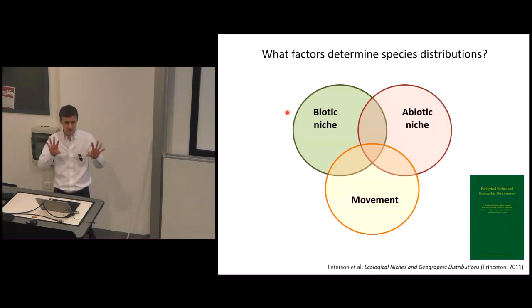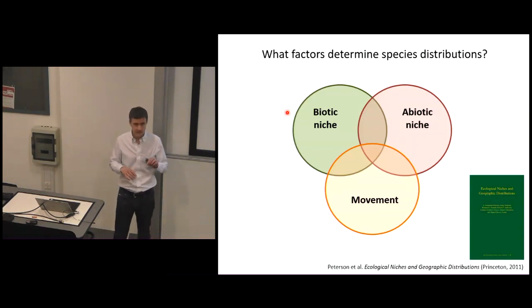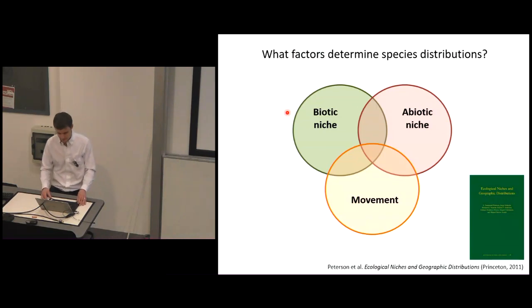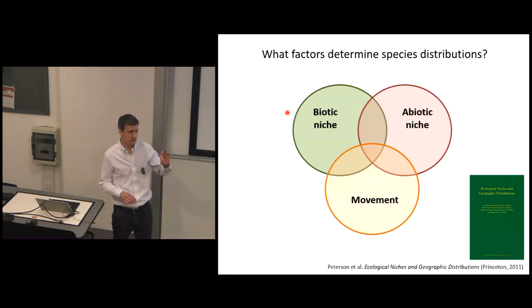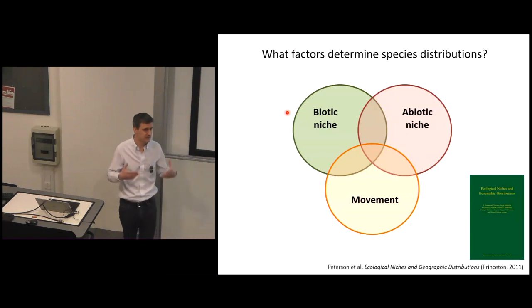Understanding the interactions between these different sets of factors, these different spheres of influence, has been the main core of my research over the last 15, or actually 20 years now. And over the last few decades, this theory of ecological niches has become quite fragmented, and people use terms in different ways.